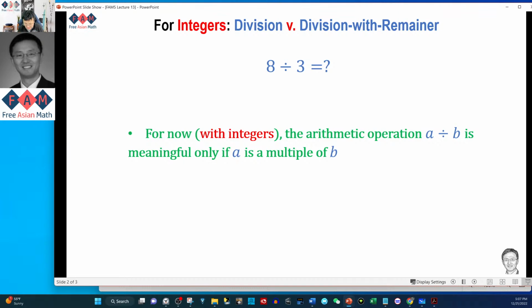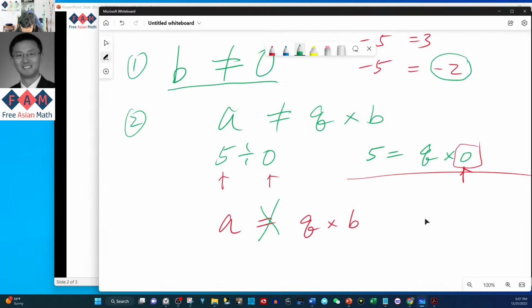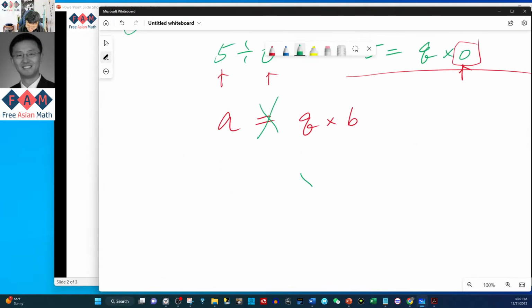So it's very important to understand that as far as integers are concerned, division and division with remainder are 2 separate concepts. Okay, division is what we mean by this operation.